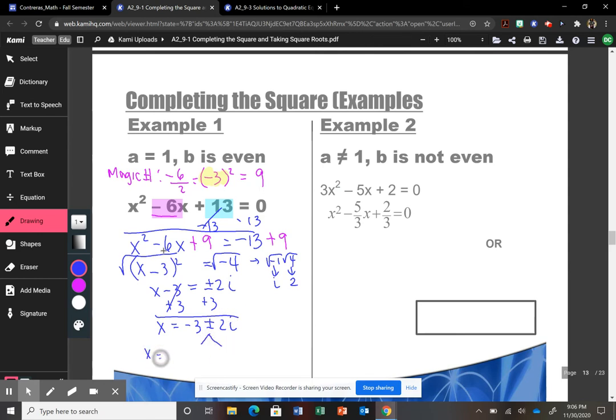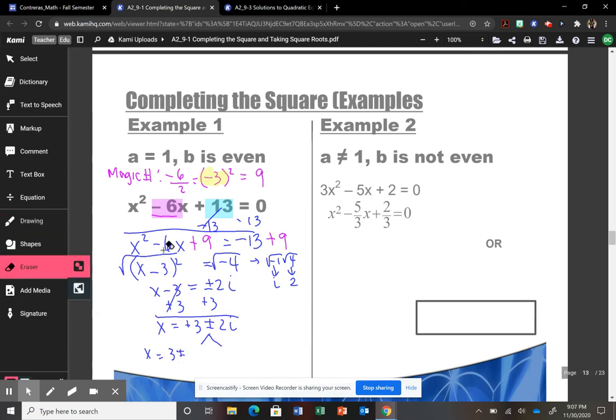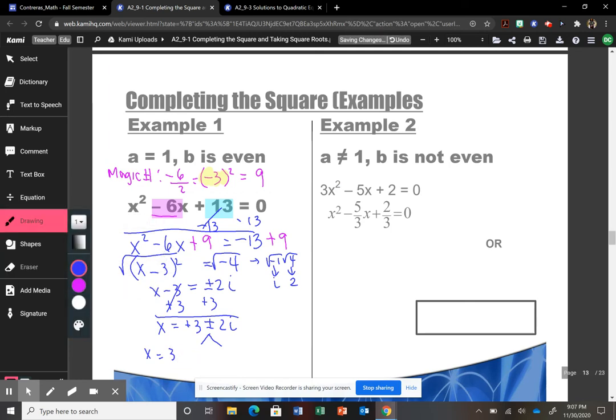That means x is equal to 3 plus 2i, and my other solution is x is equal to 3 minus 2i.